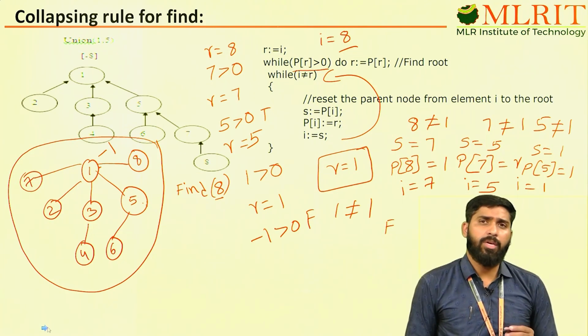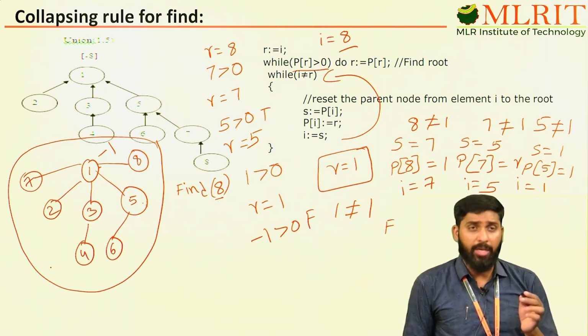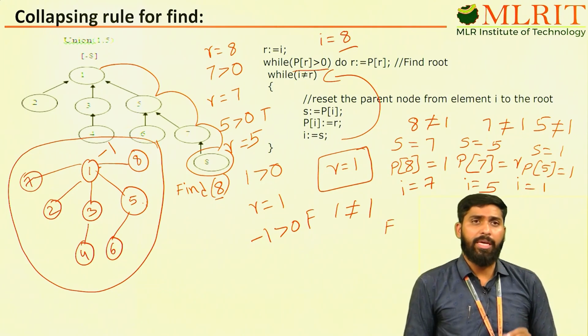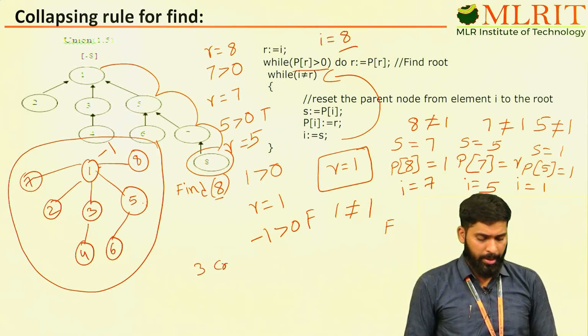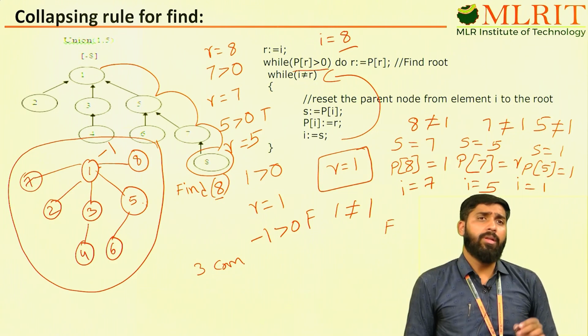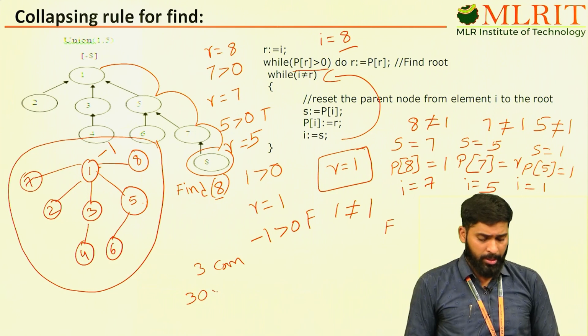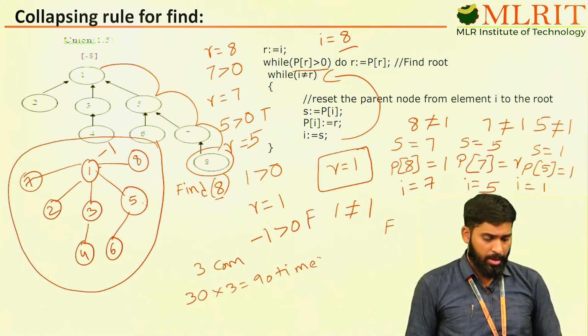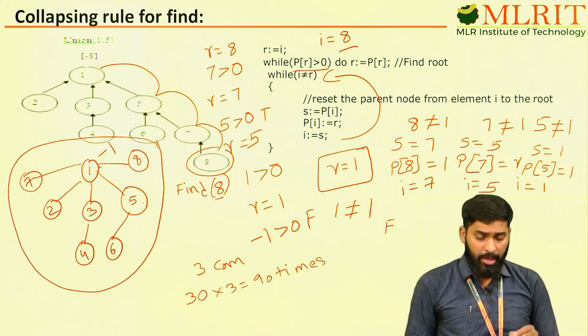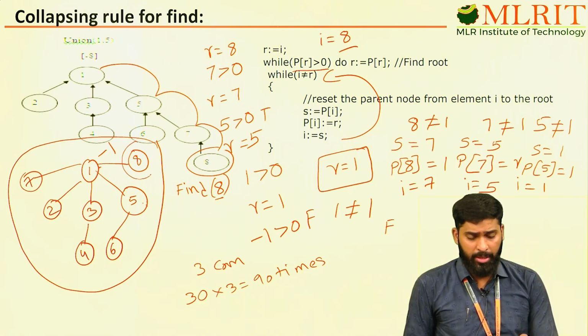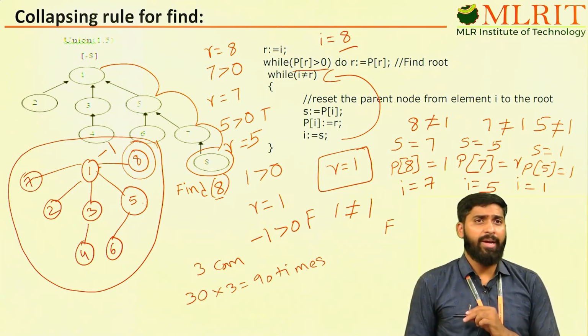So what is the advantage of the collapsing rule for find? If it is simple union, to retrieve 8 we are going to do 3 comparisons. For example, if I want to search 8 30 times, then I am going to compare 30 into 3, 90 times. But here in the collapsing rule for find, when we find the root of 8 is 1, we make 1 the parent of 8.